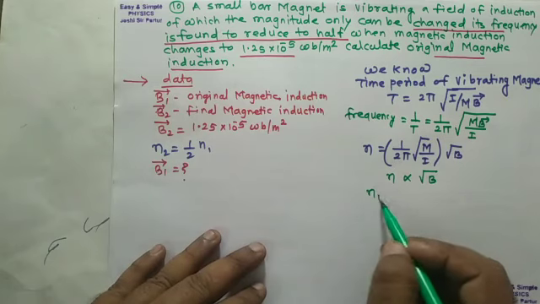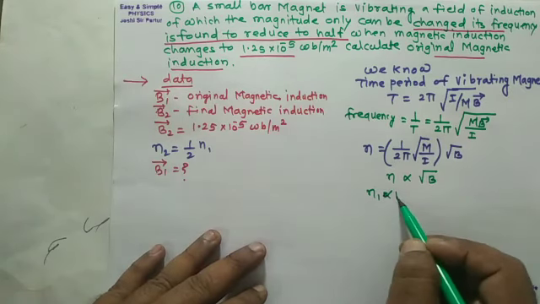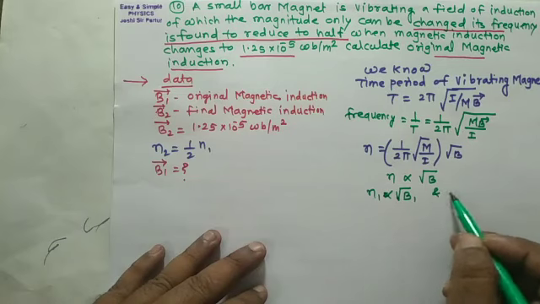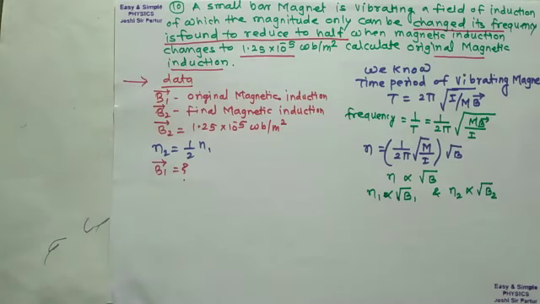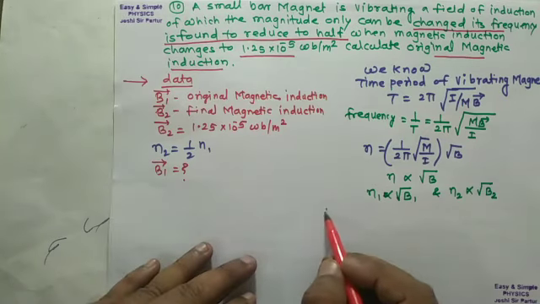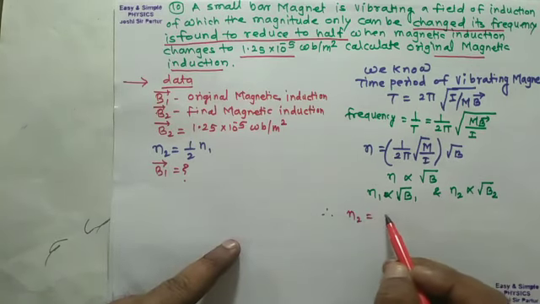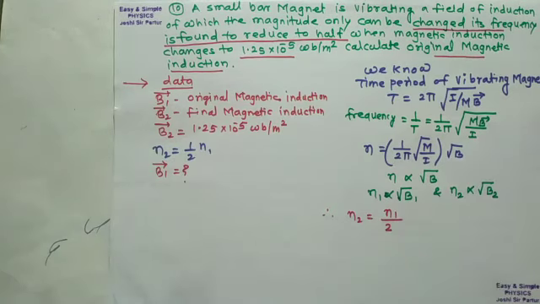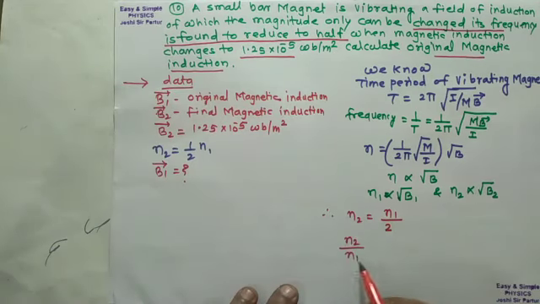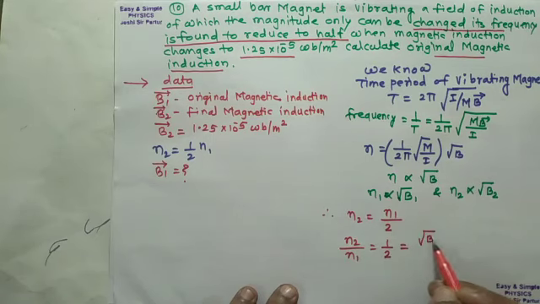Means N1 is directly proportional to square root of vector B1 and N2 is directly proportional to square root of vector B2. So here we can take N2 is equal to N1 upon 2. So N2 upon N1 is equal to half, which is equal to square root of B2 upon square root of B1.